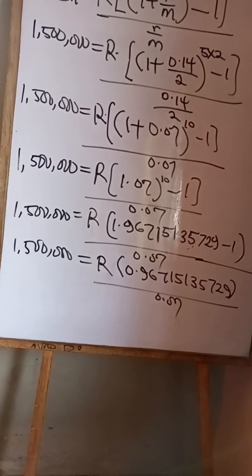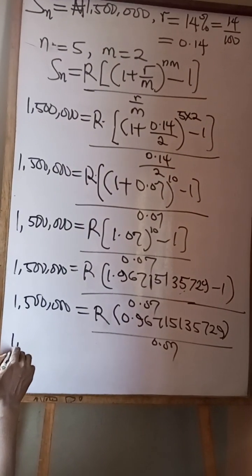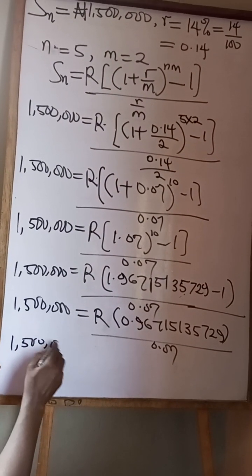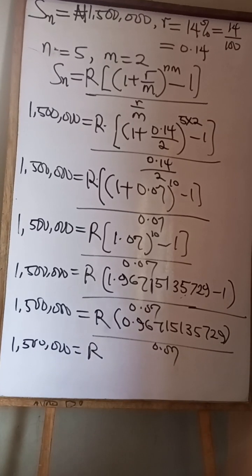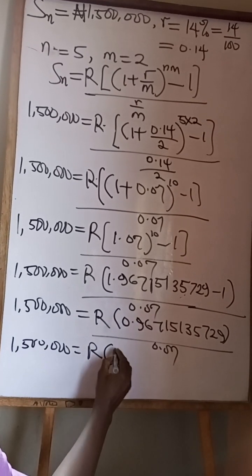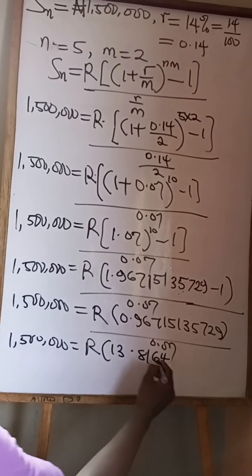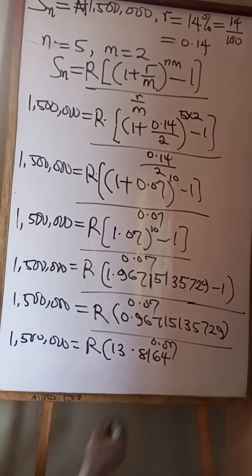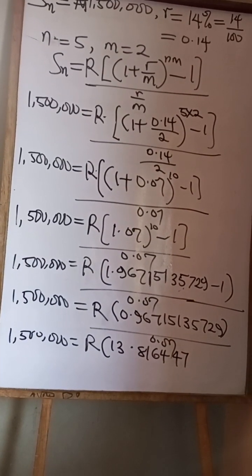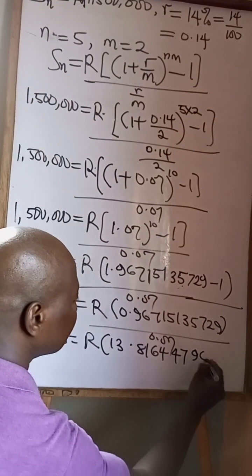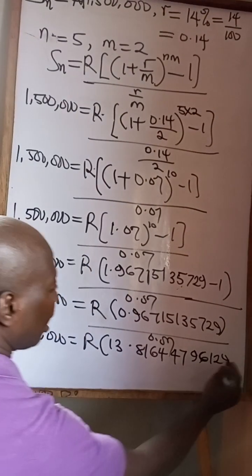So at the end of the day, how do you now get the final answer? 1,500,000 will now be R times this. Divide this by this, and we are going to have 13.81644796196129.